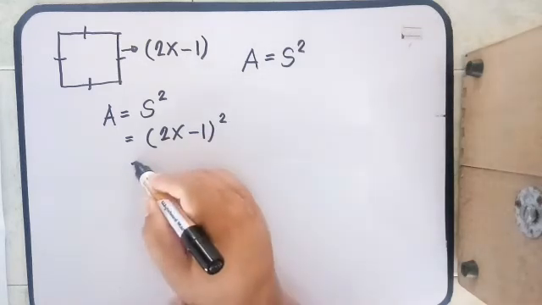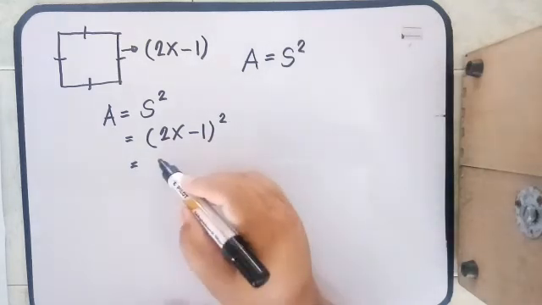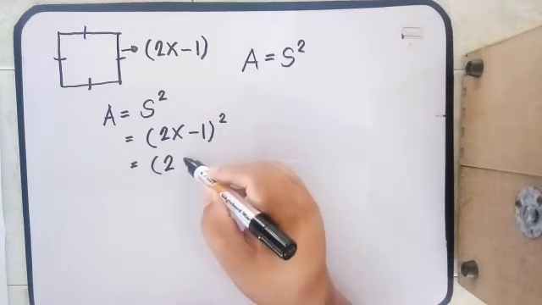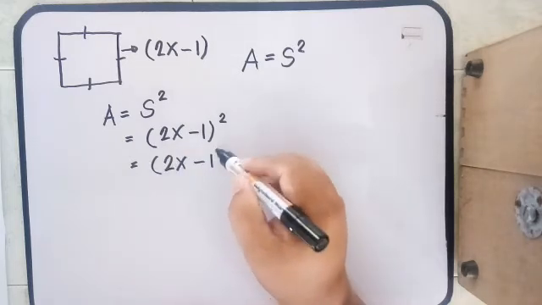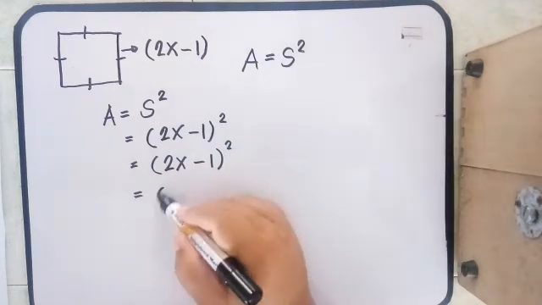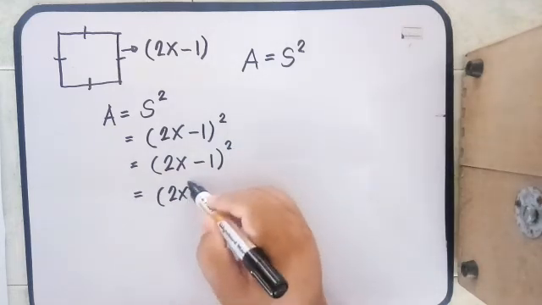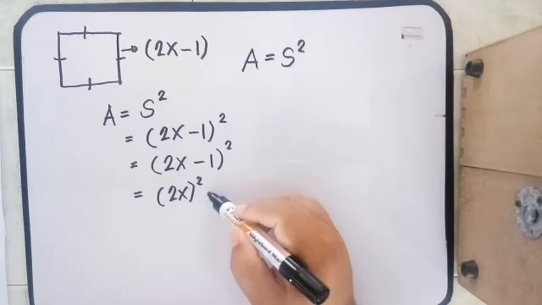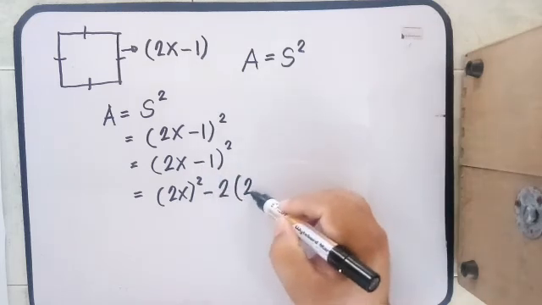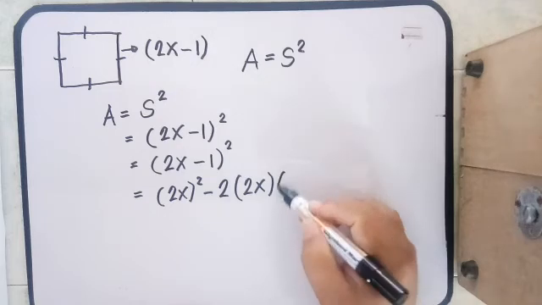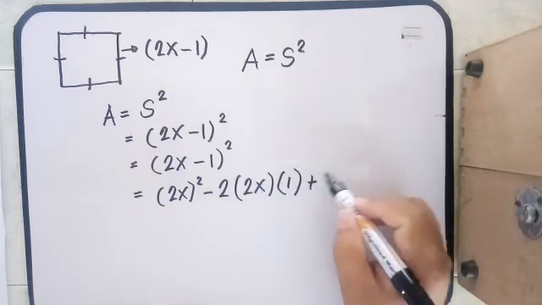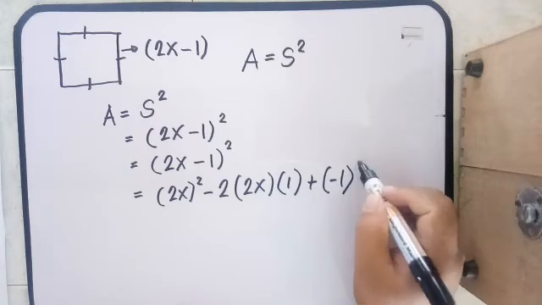Then we're going to expand this using binomial multiplication. 2x minus 1 squared is a special product, so we'll do the shortcut: square of the first term, that's (2x) squared, then minus 2 times the first term multiplied by the second term, and then plus the square of the last term.